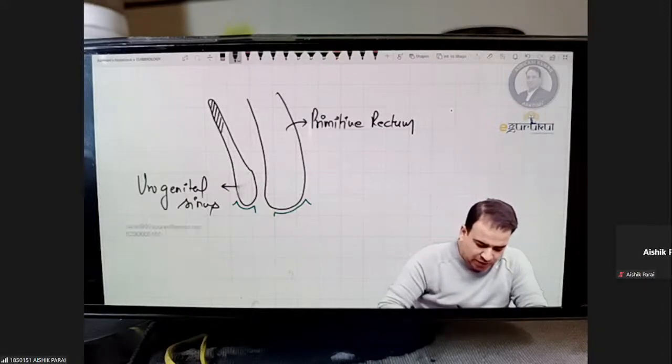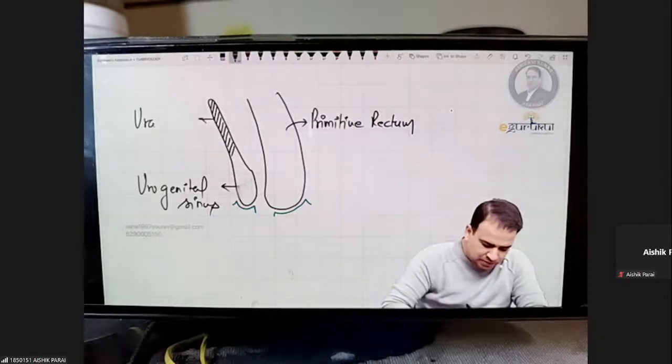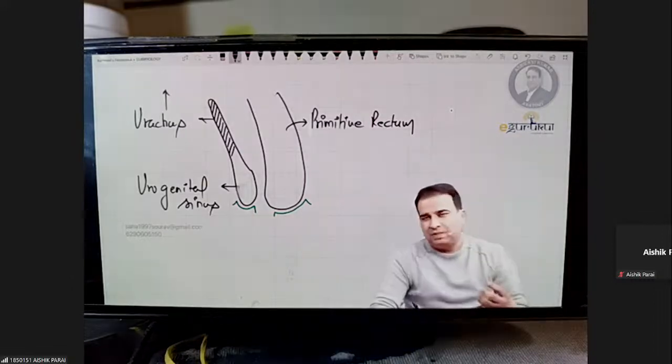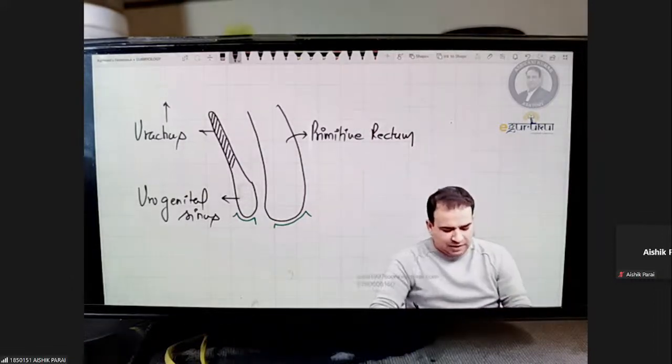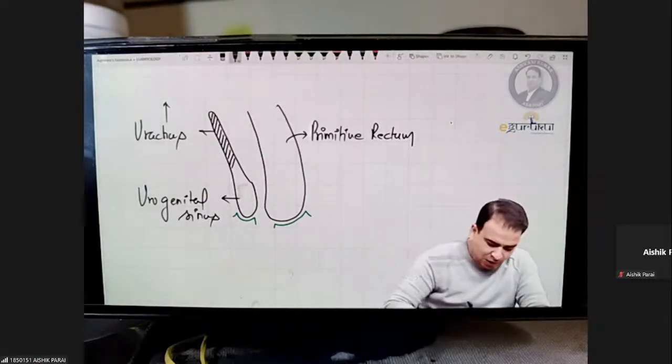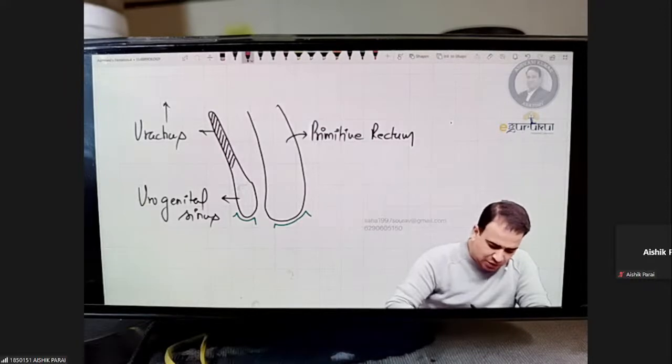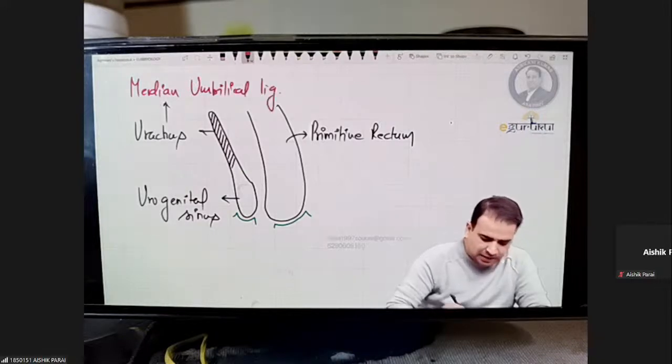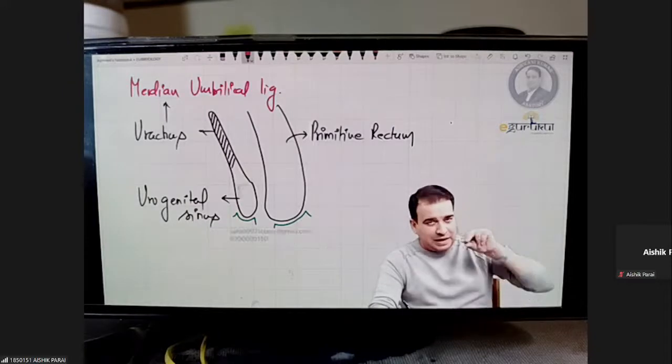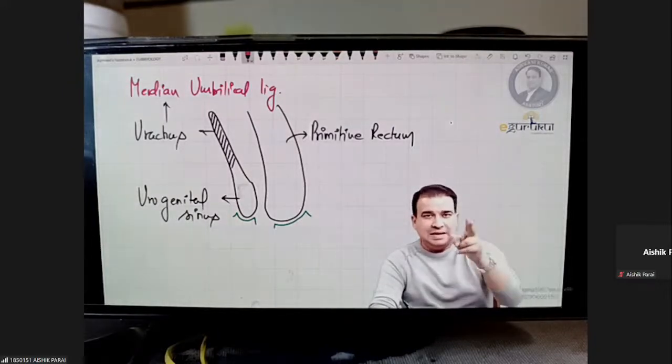Allantois will be obliterated and will give rise to urachus. And we have a remnant, that obliterated allantois or the urachus, that forms a ligament in human, and that ligament is called as a median umbilical ligament. If you look at the bladder, at the apex of the bladder, there is a ligament called as median umbilical ligament.